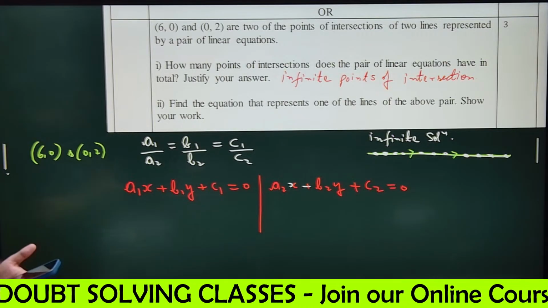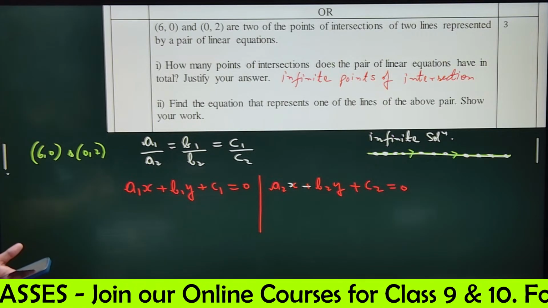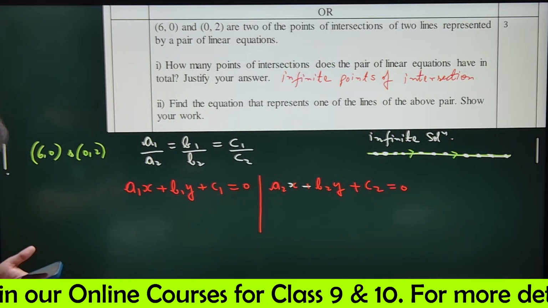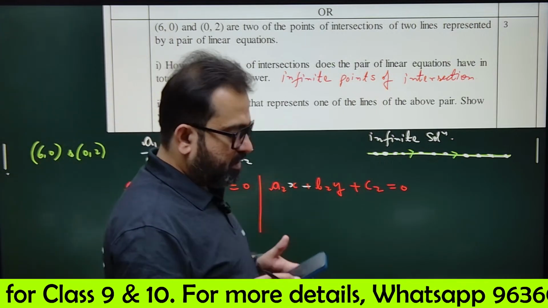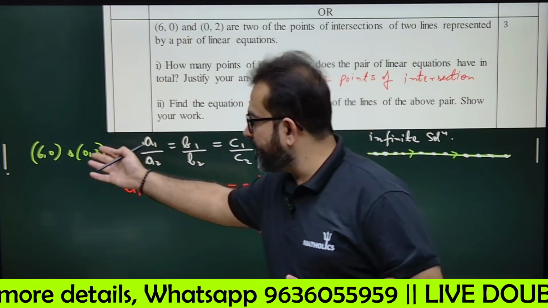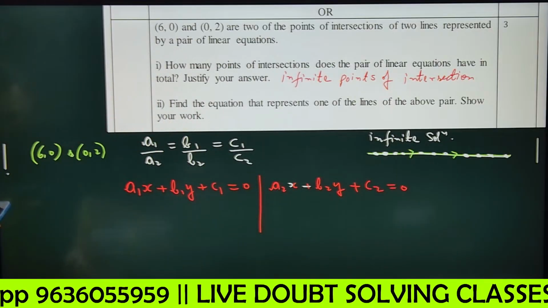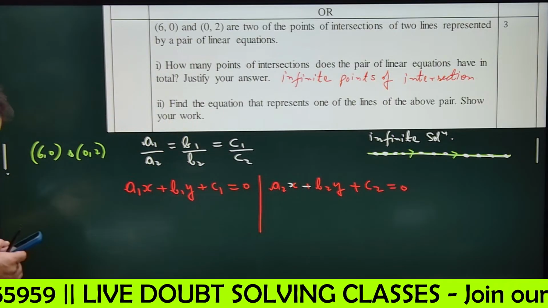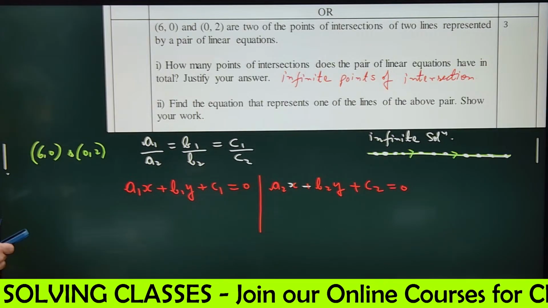Just look at this: this equation must be satisfied by both of these points. Yes or no? Yes or no in the comments. Comments are delayed in this stream, I think.